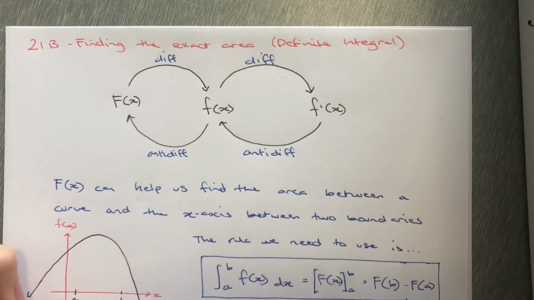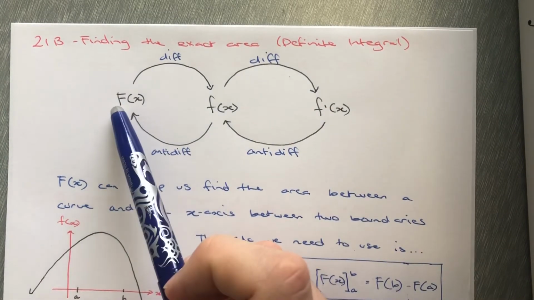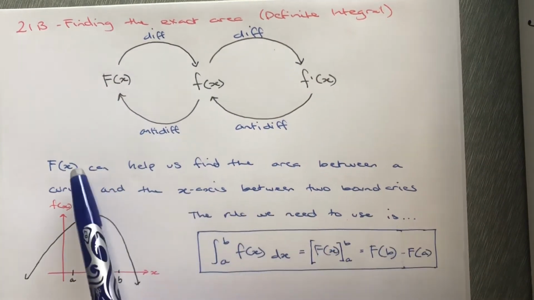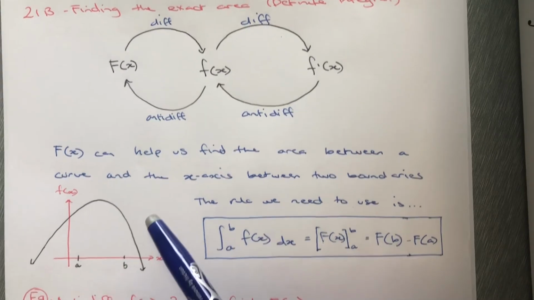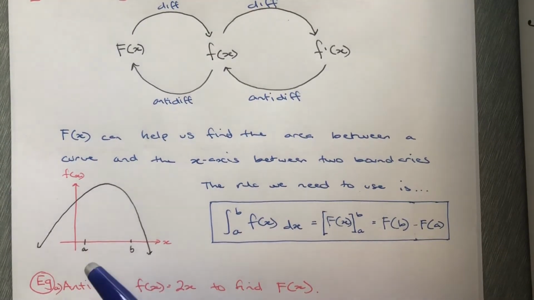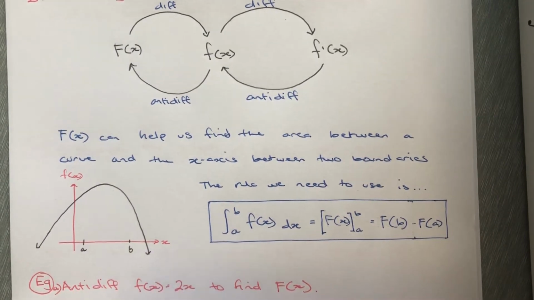Now we already know what these two are. This has just been introduced to us. So it explains what our capital F of x does just here. It can help us find the area between a curve and the x-axis between two boundaries. So I've got a little bit of a demo here. This is our curve. I don't know exactly what the rule is, but our boundaries are where A and B is.